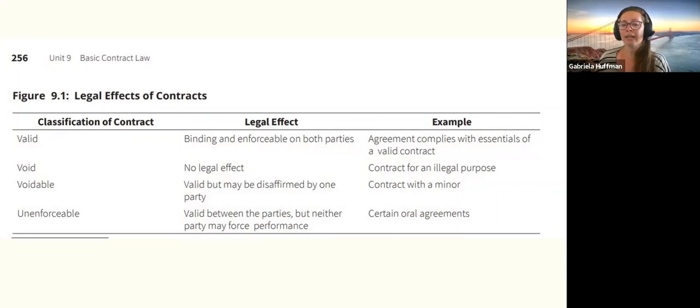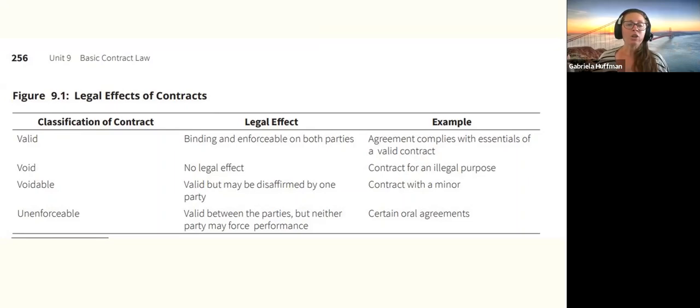Voidable, on the other hand, is valid. It's still a valid contract, but can be disaffirmed, rescinded by one party, and that is the party that is under the influence. For example, voidable would be someone who's intoxicated or drugged.